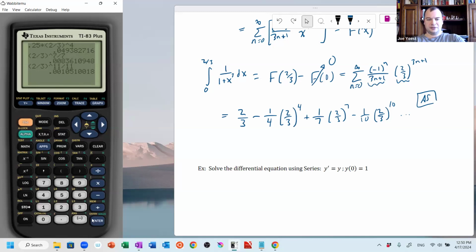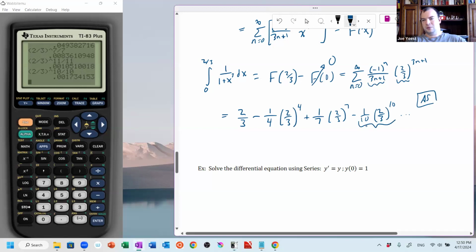Or, whoops, sorry, 10 over 10. So that should do it. So I can leave off the 1/10 times 2/3 to the 10th power because that's 0.002 or so. If I leave off that term, my error will be bounded by 0.002.